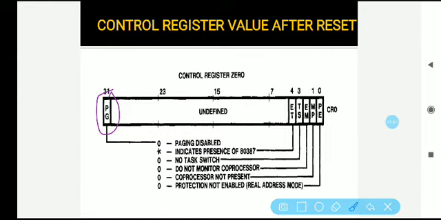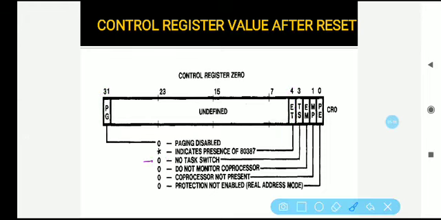Then next is the ET. ET means extension type. It indicates the presence of 80387. So what is 80387? It is a math coprocessor. Then next is the task switch, TS bit. As shown, it is also 0.